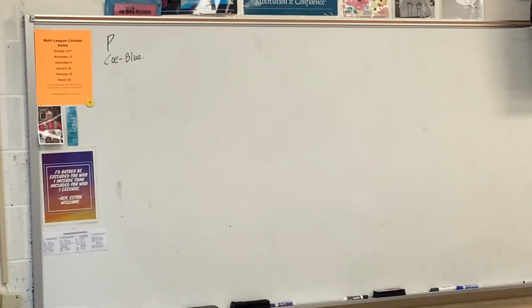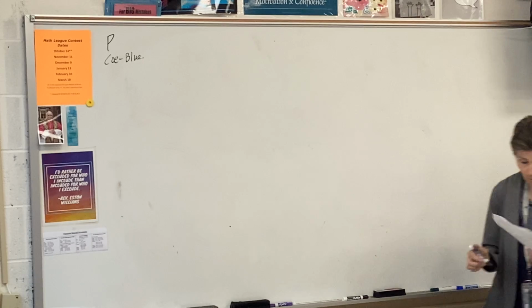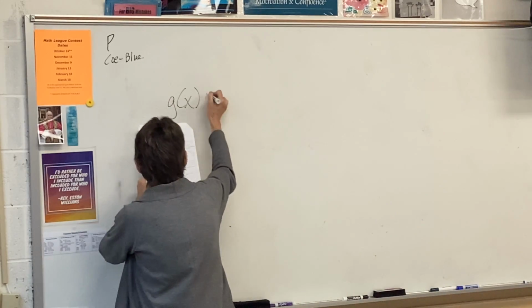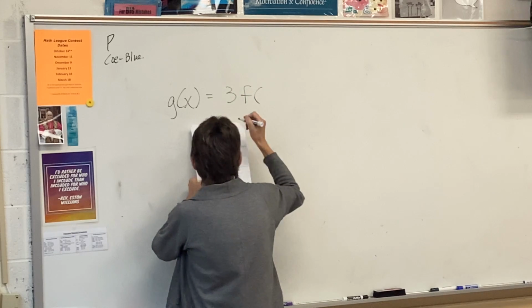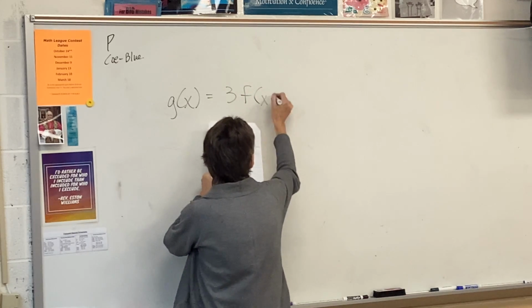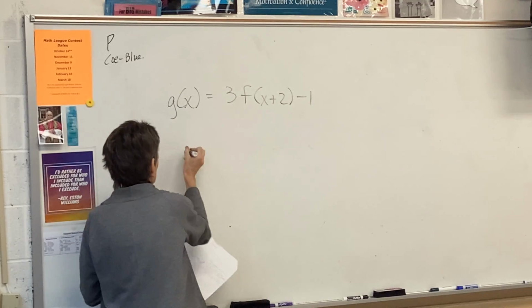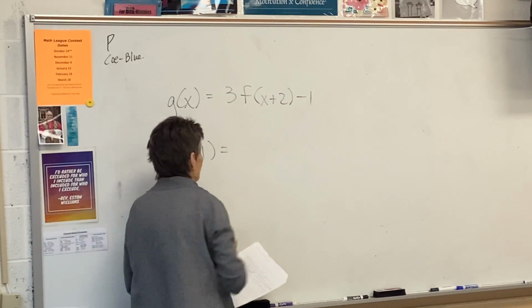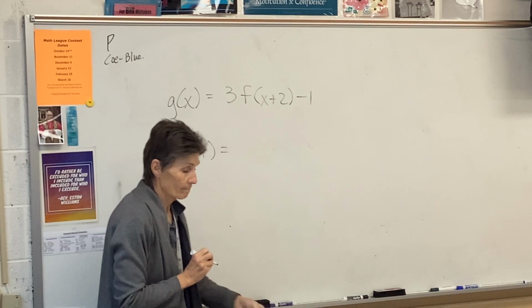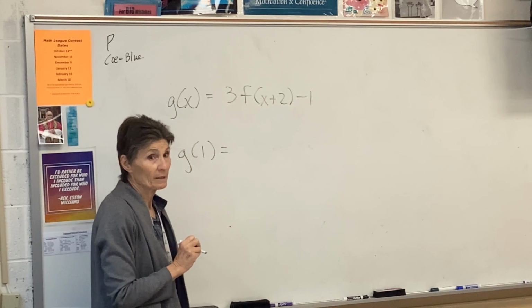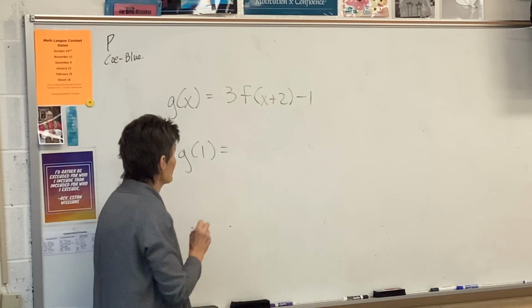All right, number 4. Use the values in the table to answer the following. The table is F, and we're going to find G of 1. Well, when we find G of something, don't we just plug that in? So we're going to plug 1 in.